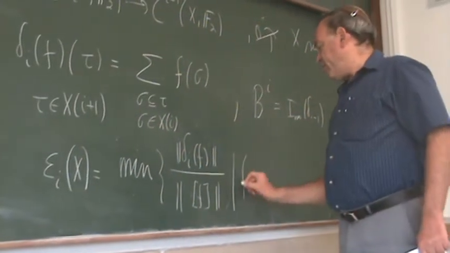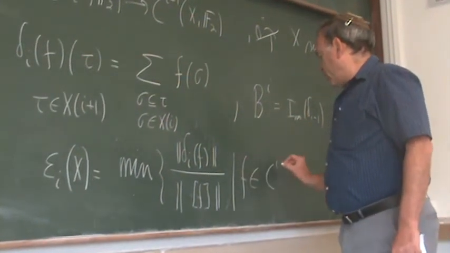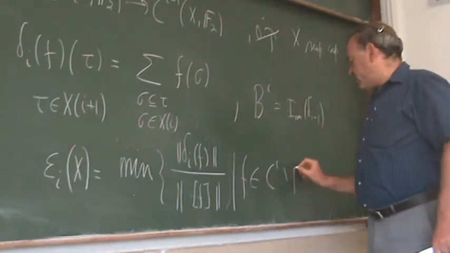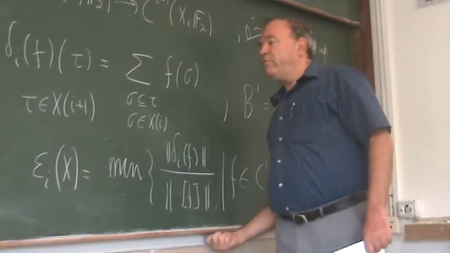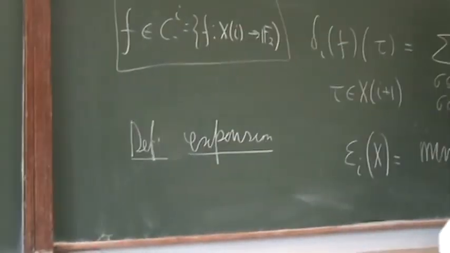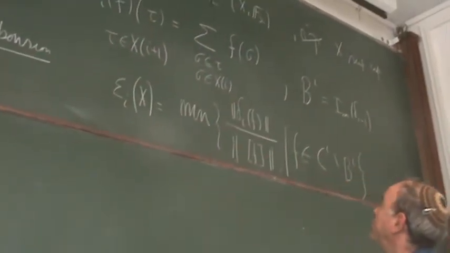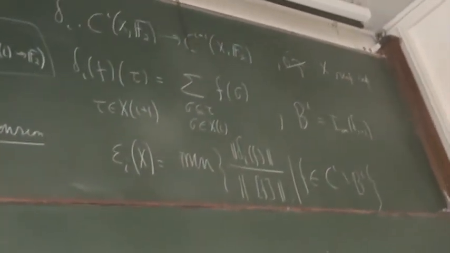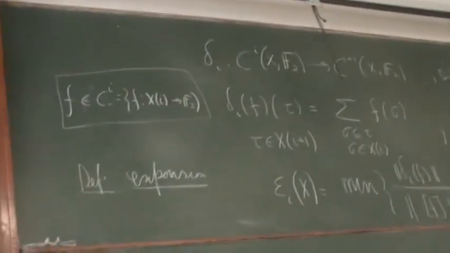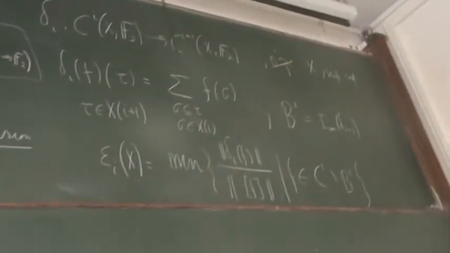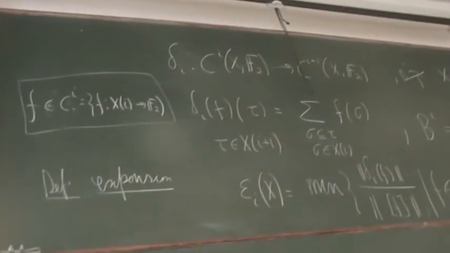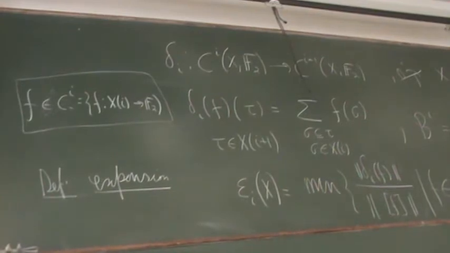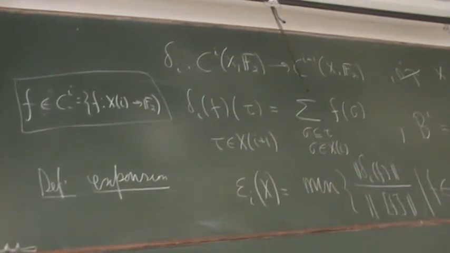I will remind you in a minute what the norm means. Admittedly this looks like a very non-intuitive definition, but I showed you last time that ε_0 gives the Cheeger constant, so there is some justification to call it expansion.